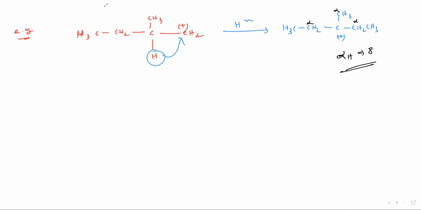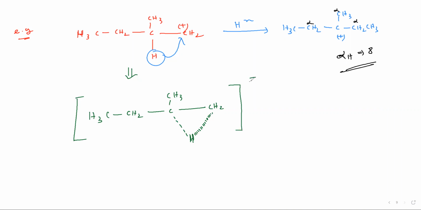Now, when the shifting arises, it follows this way. CH3, CH2. This hydrogen bond is breaking. The dotted line represents the breaking of a bond, and this line represents the formation of a bond. This bond is formed. So basically, it follows a 3-member cyclic transition state.